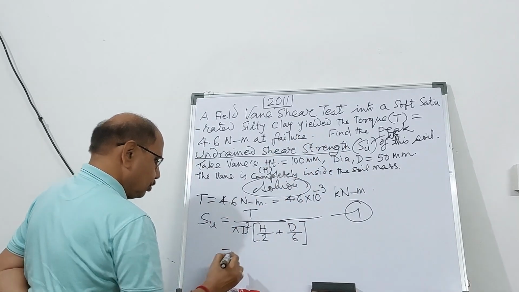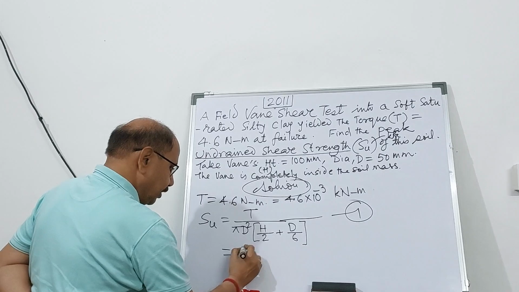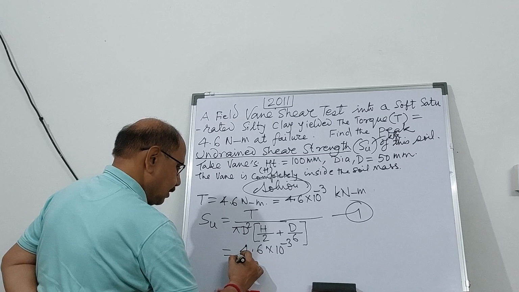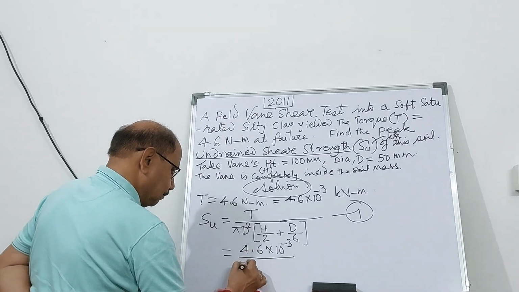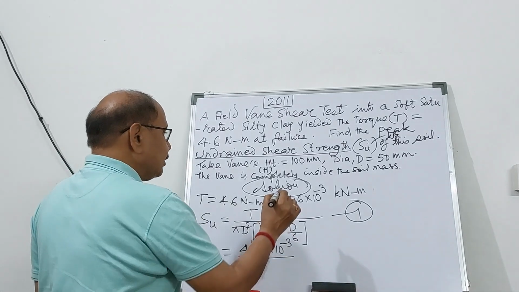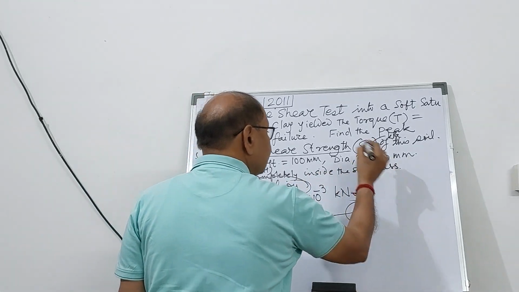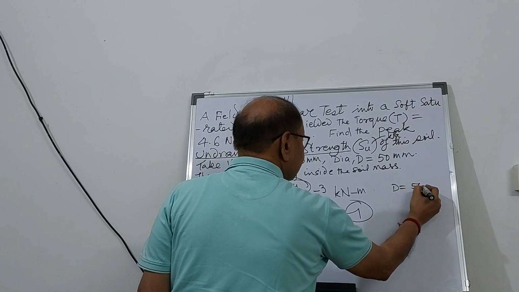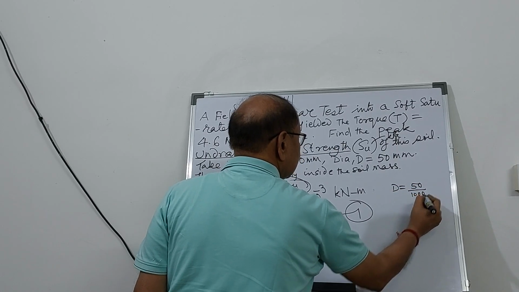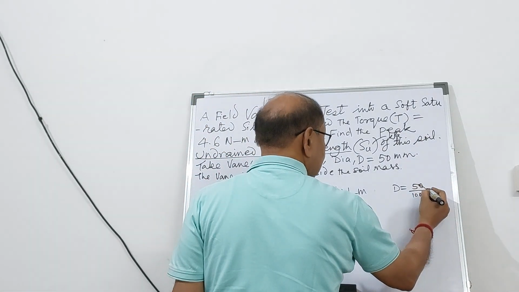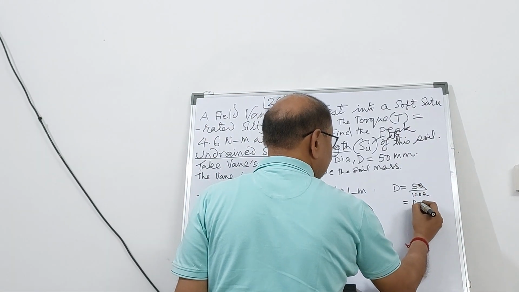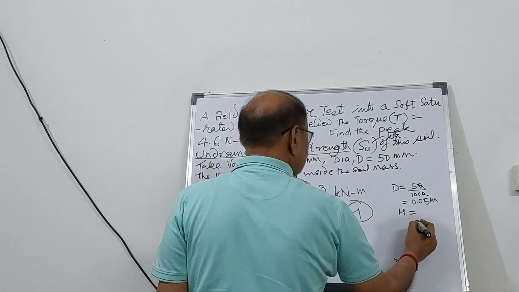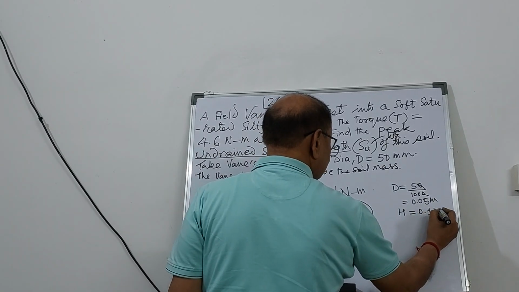So I will substitute now. T is already known to me, 4.6 into 10 raised to minus 3 divided by pi. Now, this must be converted into meter. So if I convert D, it becomes 50 divided by 1000 meter, so it becomes 0.05 meter, and H will be 0.1 meter.